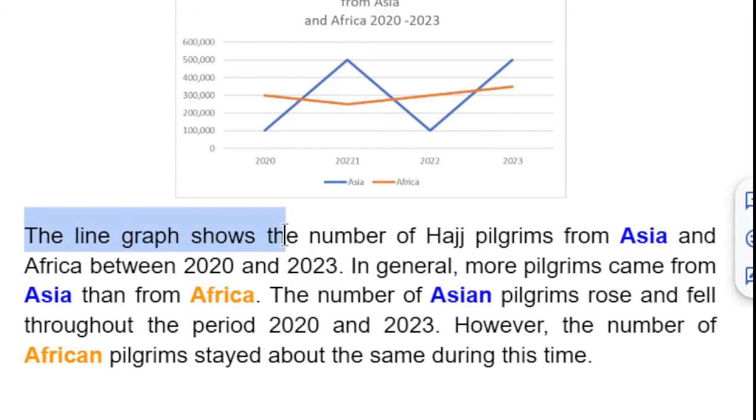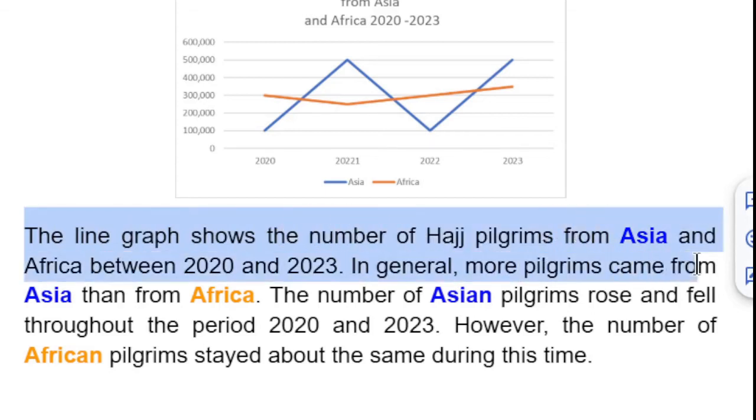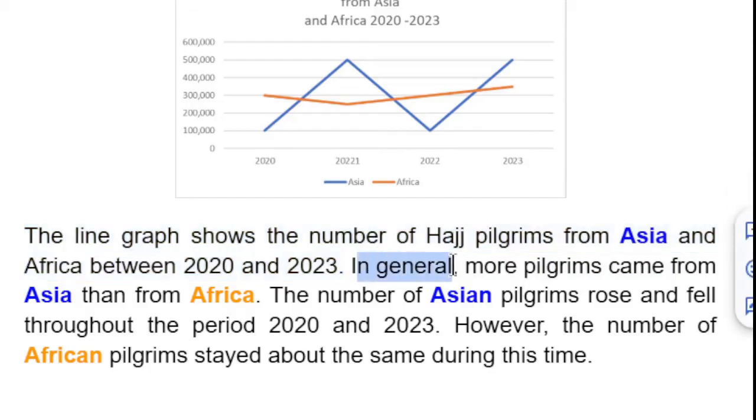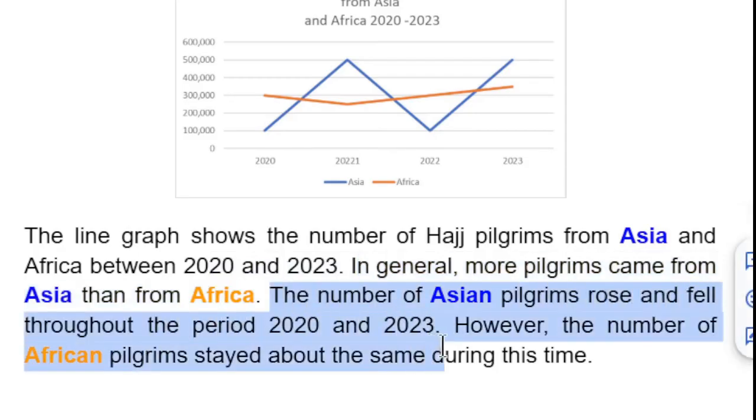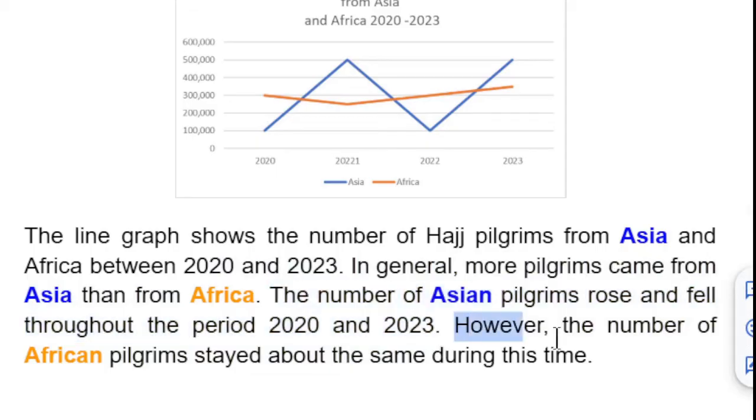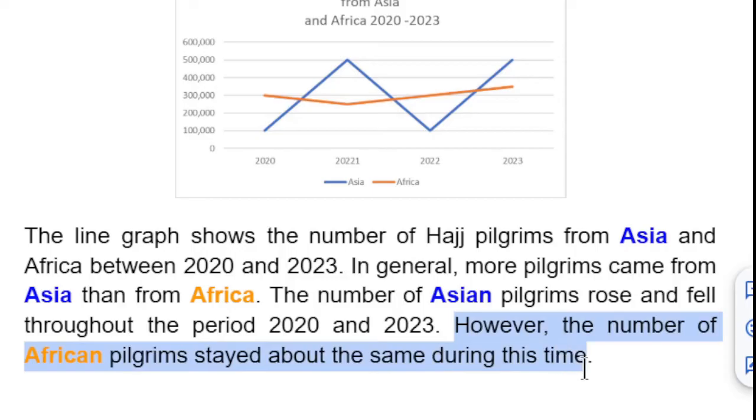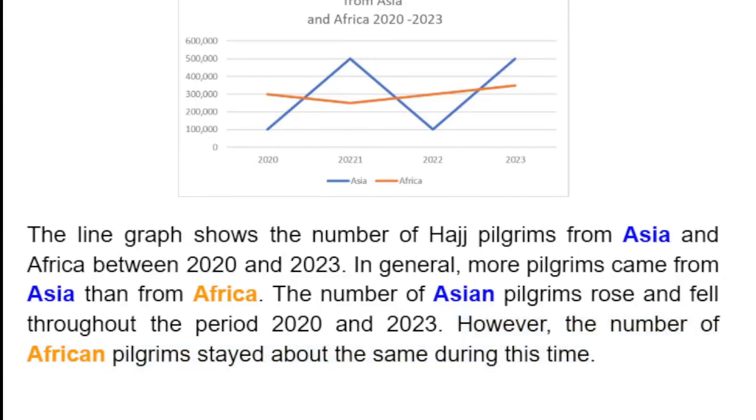The line graph shows the number of Hajj pilgrims from Asia and Africa between the years 2020 and 2023. Overall, in general, more pilgrims came from Asia than Africa. The number of Asian pilgrims rose and fell throughout the period of 2020-23. However, the number of African pilgrims stayed about the same during this time.